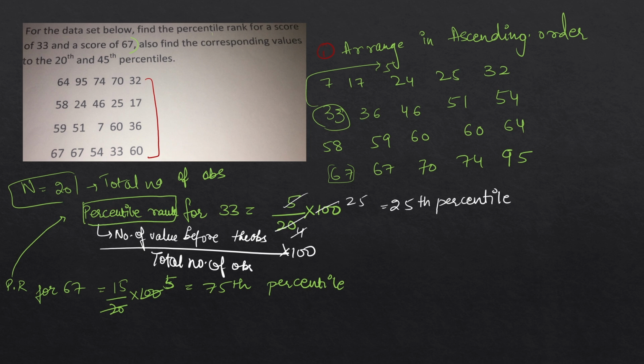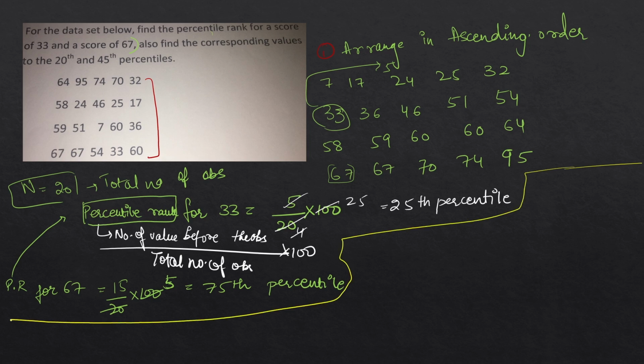So now also find the corresponding values to the 20th percentile and 45th percentile. So now we have to find out the values. So index is equal to p upon 100 into n. P is percentile here, and n is the total number of observations.